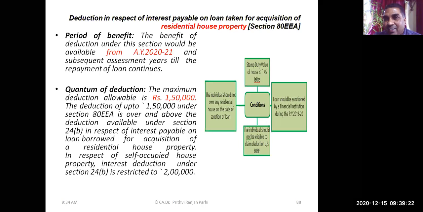But in addition to that, he can also claim deduction under section 80EEA up to 1,50,000 rupees. Sir, I'm confused, sir. That means your total interest deducted I think is 2 lakh.